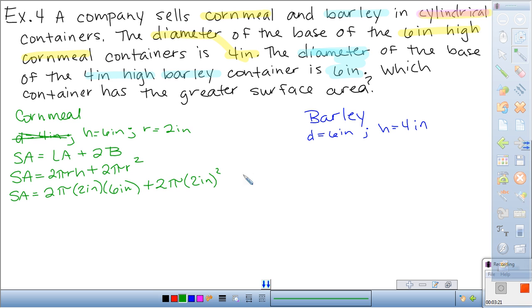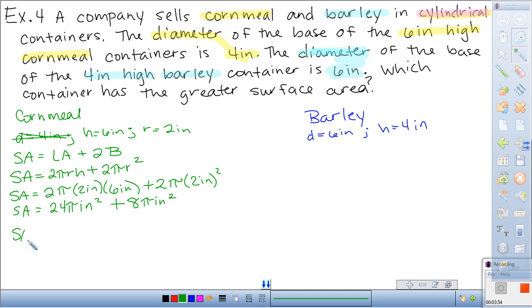And now I'll just simplify. Let's see, we have the surface area is 2 times 2 inches, that's 4 inches. 4 inches times 6 inches, 24 inches squared, times pi, 24 pi inches squared, plus 2 times pi times 2 inches squared. 2 inches squared, we always do exponents first, is 4 inches squared times 2, 8 inches squared, times pi, 8 pi inches squared.